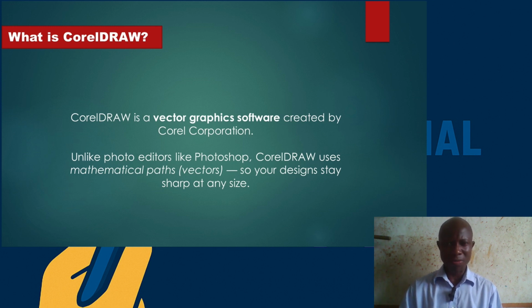We have Adobe Illustrator and this CorelDRAW and many other ones, but these two are the greatest in the market. Therefore, join us as we start the journey of CorelDRAW today. CorelDRAW does many things. As we go, you will know what we use CorelDRAW for.